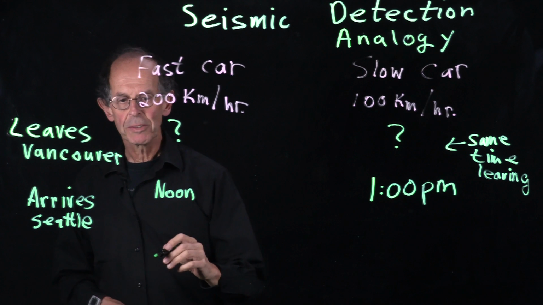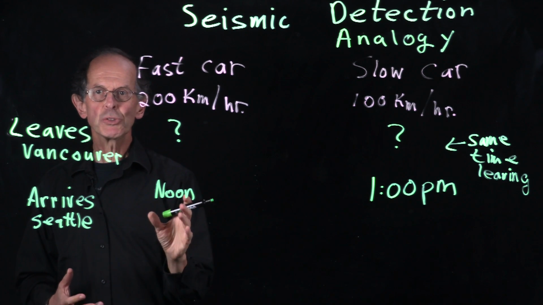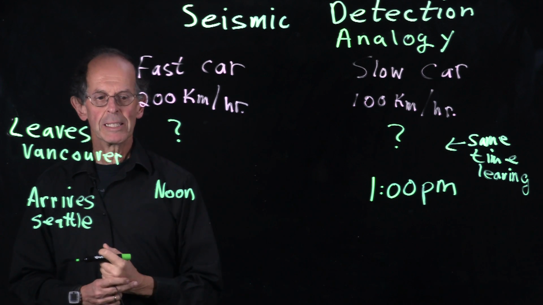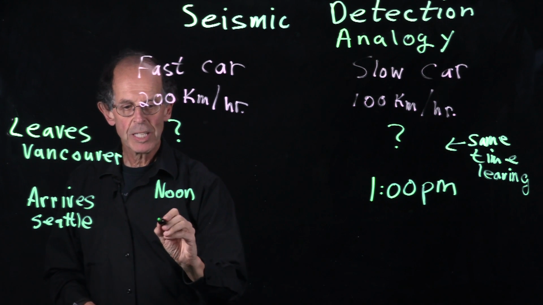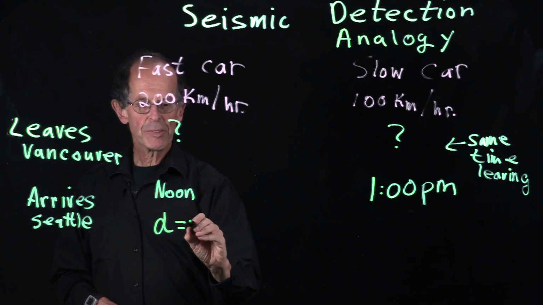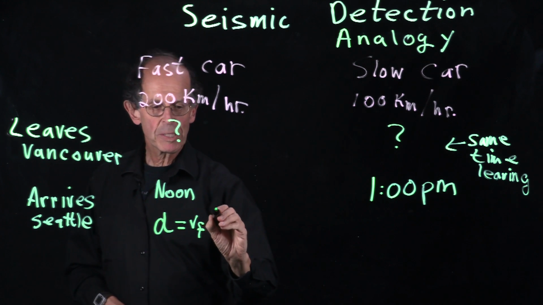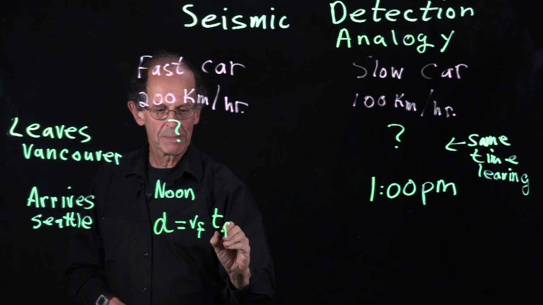Let's check it out. In principle, we don't know that. We're going to try to find out from this data. So the distance, which we don't know, is equal to the velocity of the fast car, Vf, times the time it takes for the fast car, Tf.